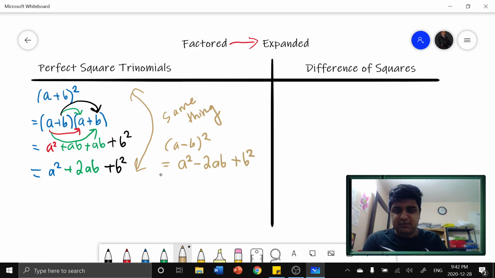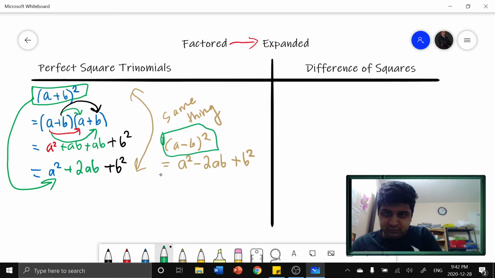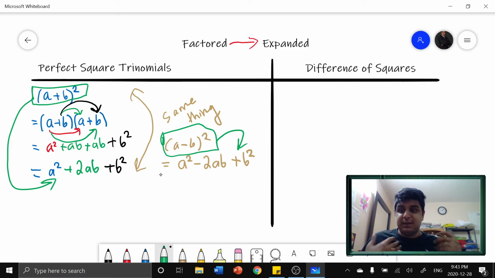So right here, we've got two different formulas, this formula and this formula. These are the two formulas that you're going to need to memorize because you're going to be asked many times to identify perfect square trinomials and factor them.